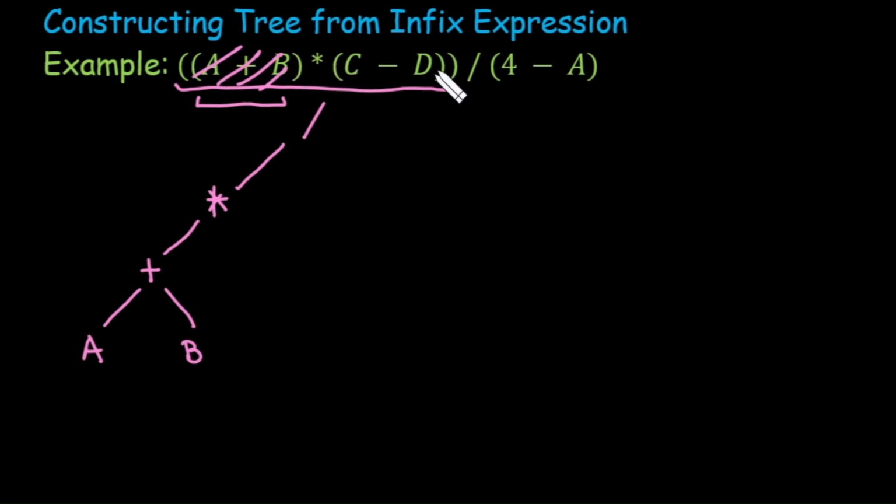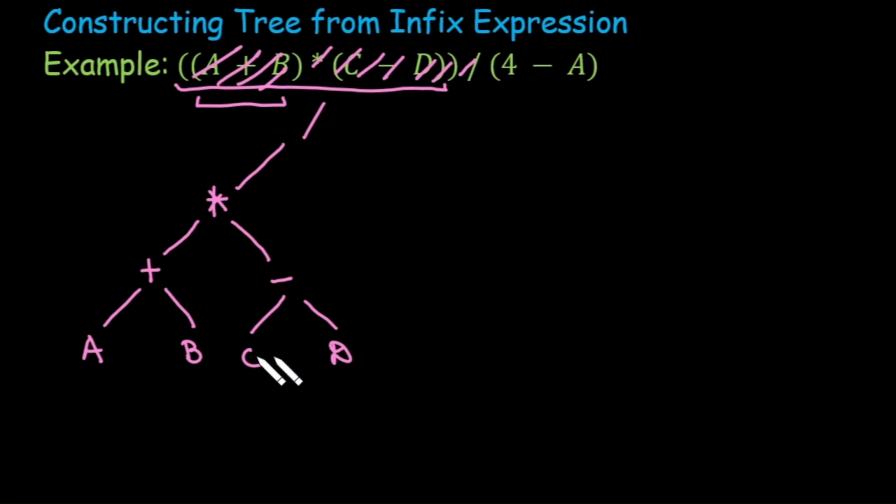Now we have the right of the multiplication. On the right side, we have the expression C minus D. Again, we get a root from here, the subtraction, and its left side is C, right side is D. It means we are done with these vertices. We have constructed the ordered rooted tree for this.